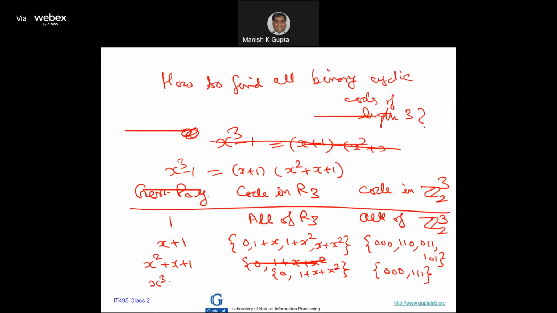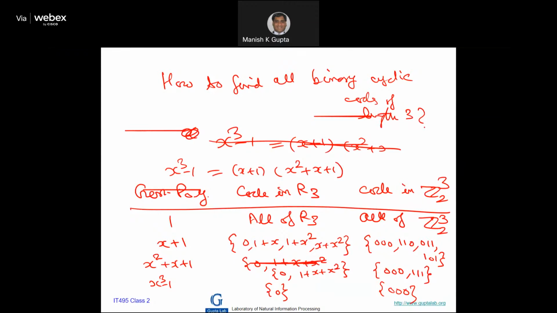When we take x cube minus 1, which is, of course, essentially 0, this gives you 0. So all possibilities we can list, right? So if I have to construct a cyclic code of certain length, you just need to focus on factorization of x to the power n minus 1.